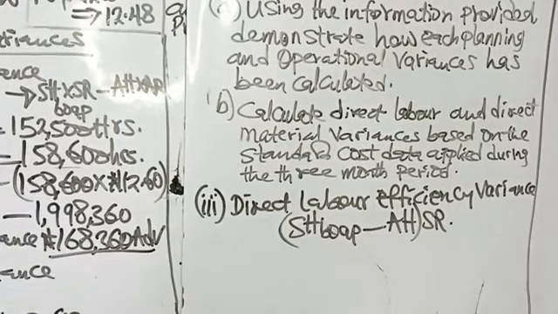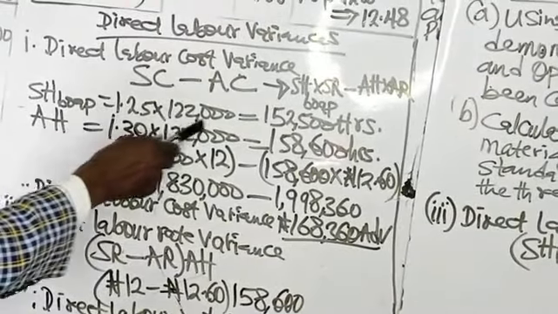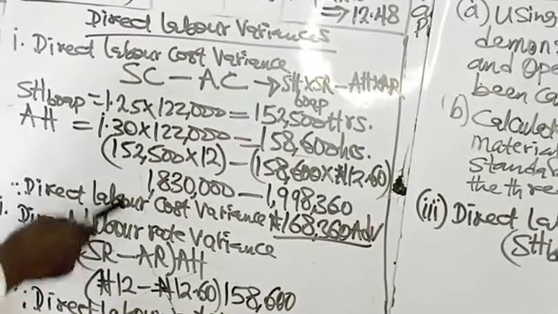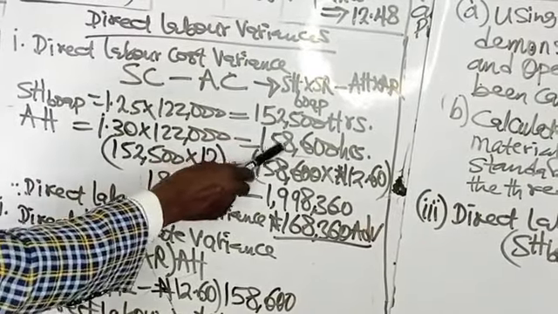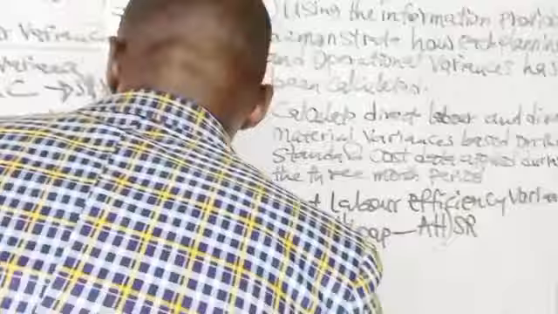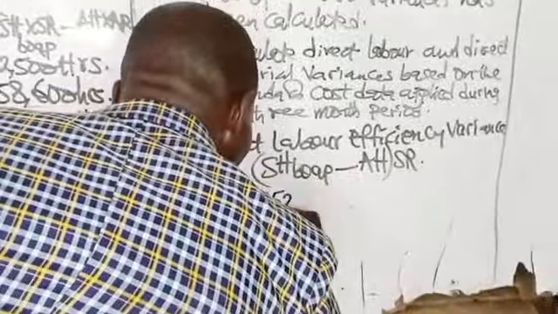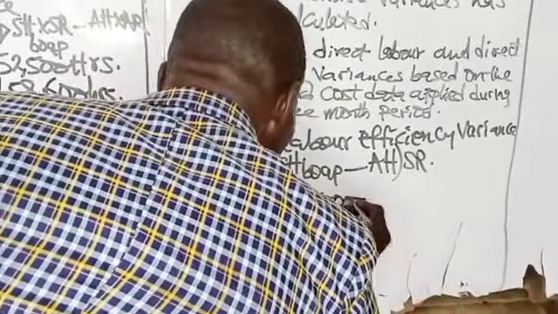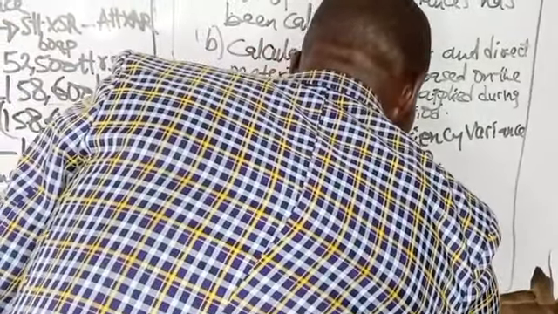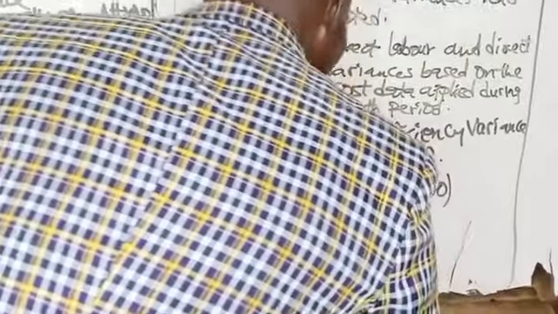So we've computed our standard hours based on actual production, and we got 152,500, and actual hours, that is 158,600. So we have 152,500 minus 158,600 multiplied by standard rate.